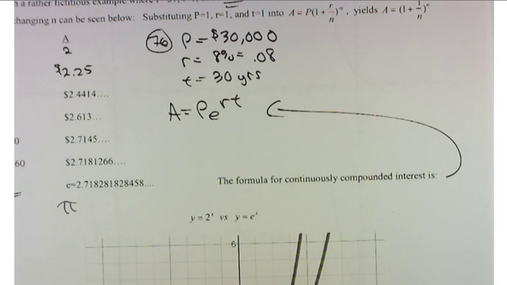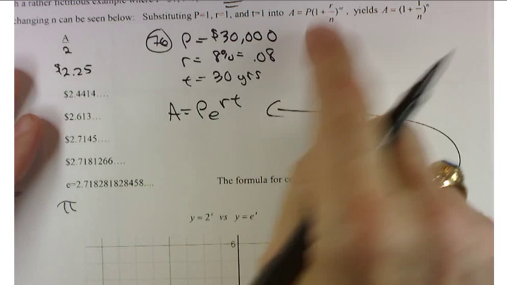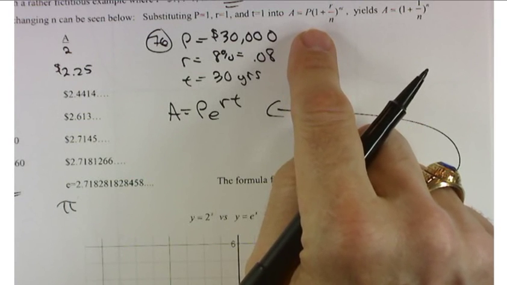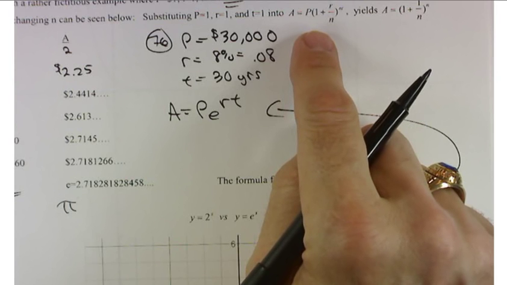Now, what they want you to do is compare the final balance resulting from annual compounding and continuous compounding. So there should be kind of a big difference. If you're compounding annually, what are they telling you about n? n is 1. Annually, once a year.